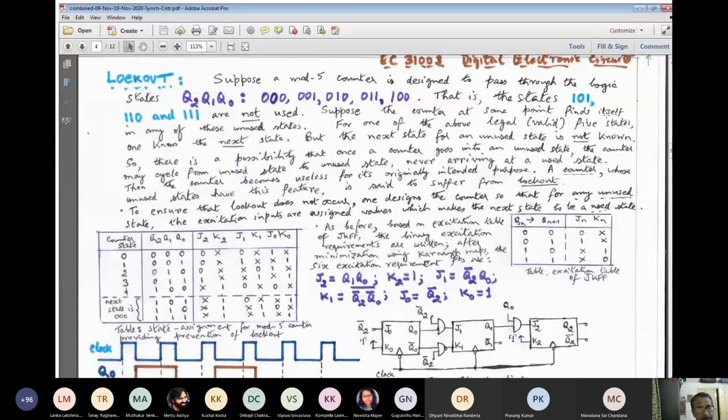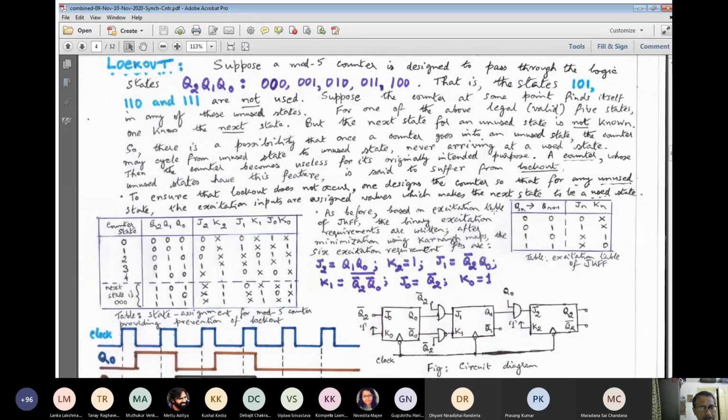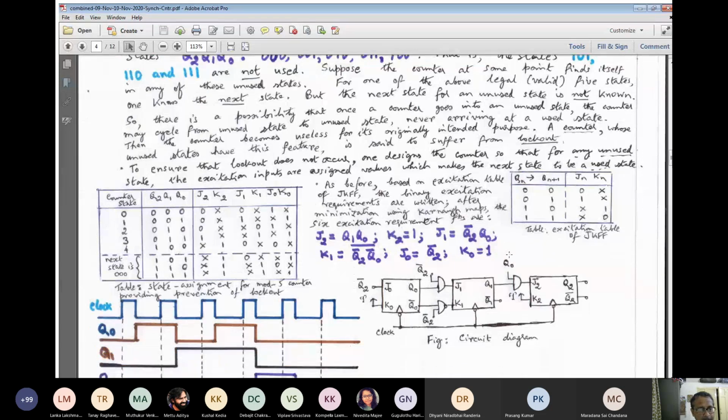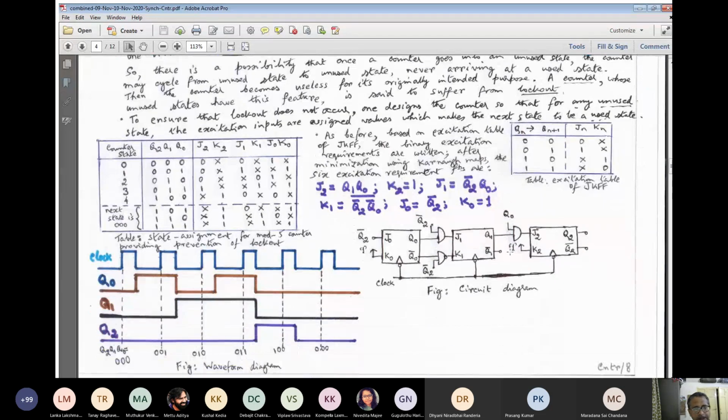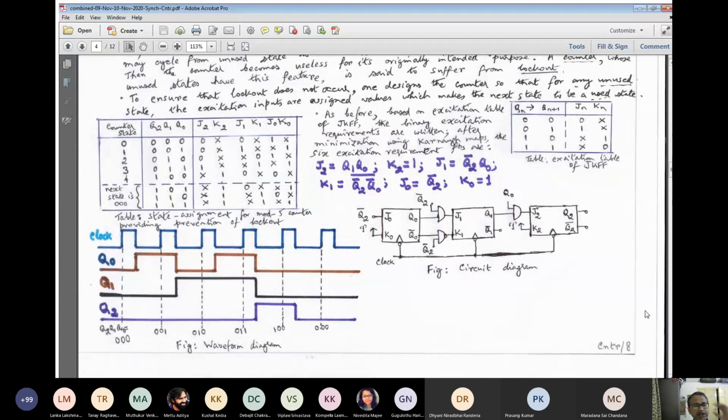Select any k out of the 2 to the power n possible by choosing for n the minimum number of flip-flops, and leaving out 2 to the power n minus k states, and go ahead with the design. However, if lockout is specifically asked for, then only go for prevention of lockout, because that will increase the design exercise.